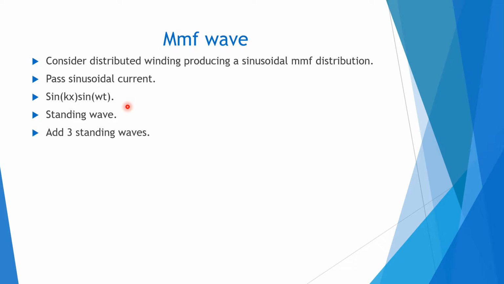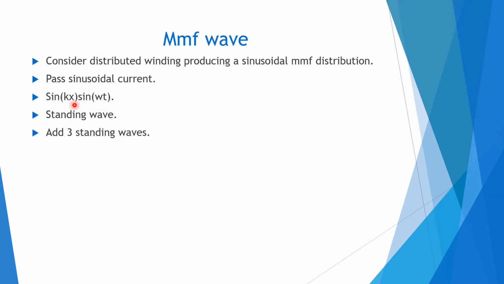So now try adding three standing waves that are set off 120 degrees both in time and in space. Basically you have three windings, and each one of them has a 120 degree phase difference both in space and in time.